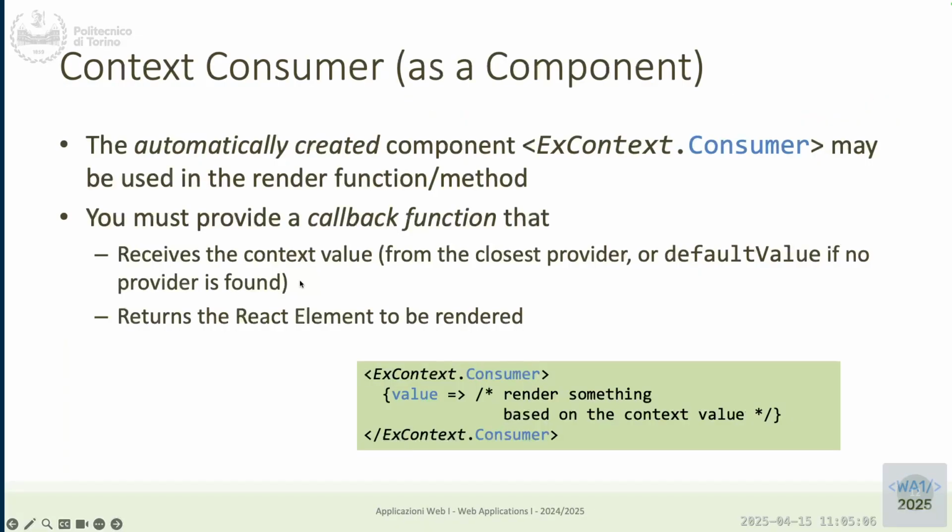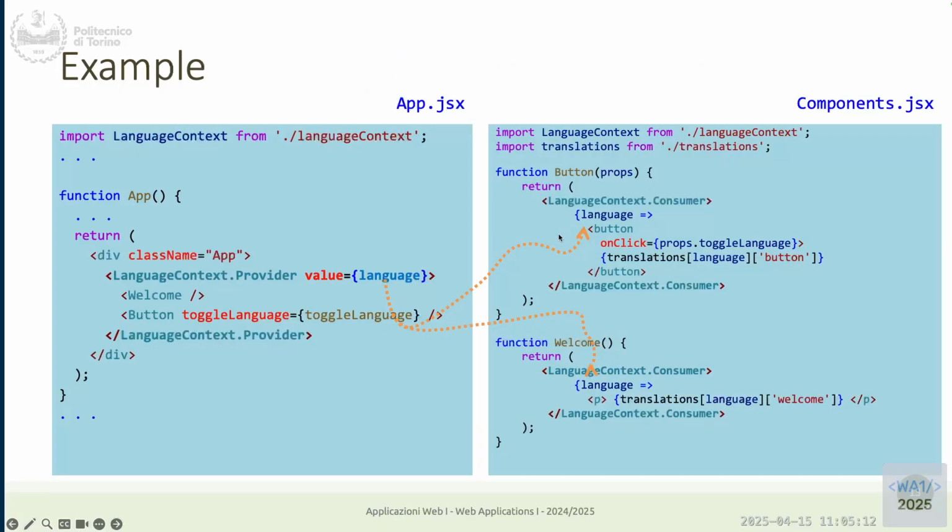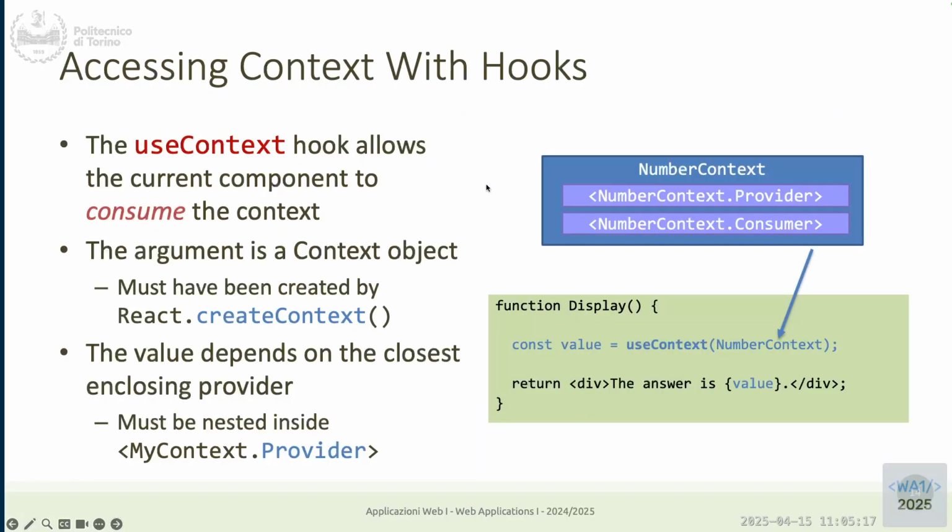And for using the context, there are two ways. One is not much used because it creates a consumer object, but the easier one uses the useContext hook that simply makes the current value available inside a function, inside any component.